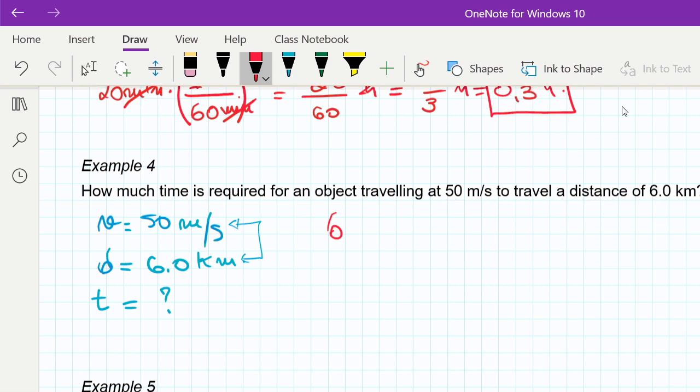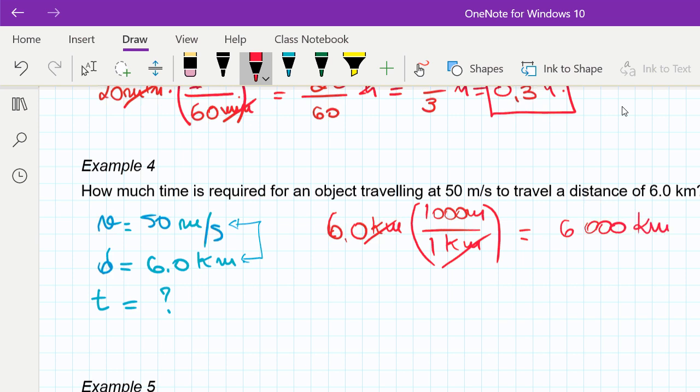We have 6.0 kilometers, and same as in the previous example, we will multiply it by 1,000 meters over 1 kilometer. So kilometers and kilometers cancel out, and then we will have 6,000 meters.